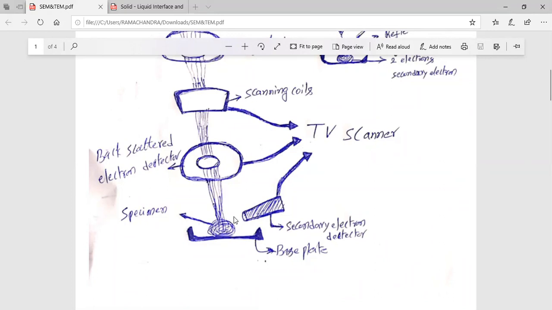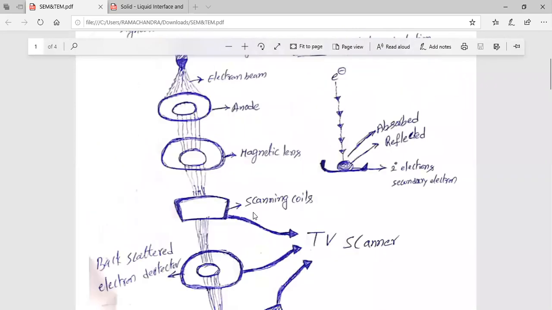Before the electrons reach the specimen, the scanning coils, backscattered electron detector and secondary electron detector are connected to the TV scanner. The specimen is the synthesized nanoparticle sample. When the electrons reach the nanoparticles, known as the specimen or sample, we study the image by these three detectors.